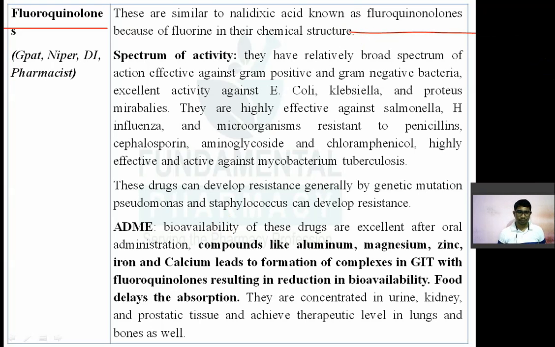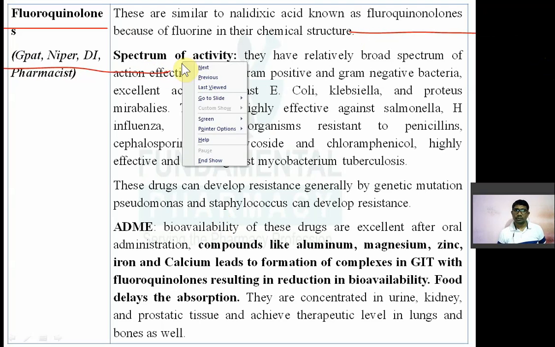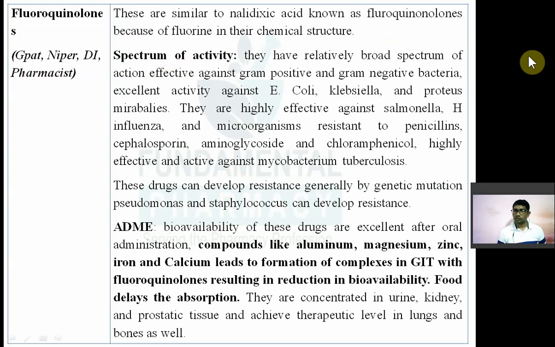So what is the spectrum of activity? Which microorganisms will be killed? As I have told you, fluoroquinolones are broad spectrum. They are effective against gram positive as well as gram negative bacteria. They are very effective in case of E. coli, Klebsiella, Proteus. They are highly effective against Salmonella, Haemophilus influenzae, and microorganisms which are resistant to penicillin.